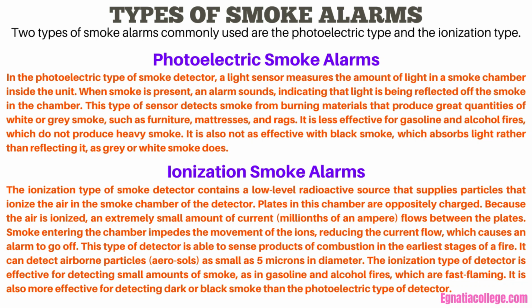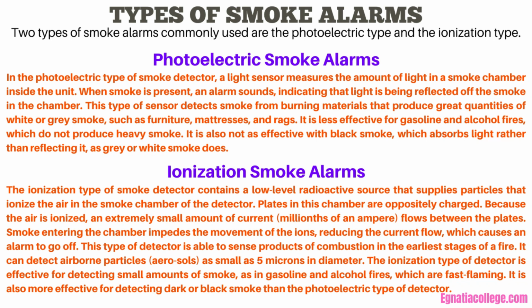This type of sensor detects smoke from burning materials that produce great quantities of white or gray smoke, such as furniture, mattresses, and rags. It is less effective for gasoline and alcohol fires, which do not produce heavy smoke. It is also not as effective with black smoke, which absorbs light rather than reflecting it, as gray or white smoke does.